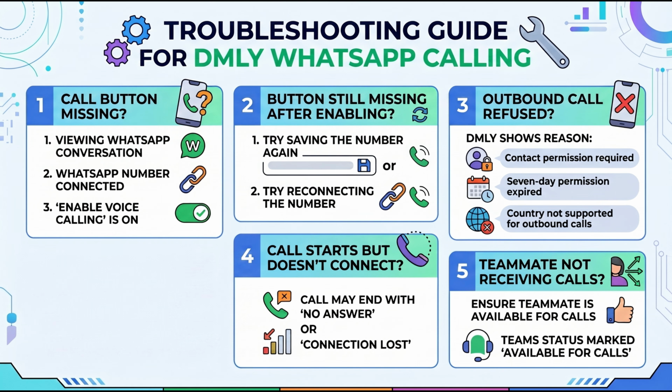It could be that the contact hasn't granted permission, the 7-day permission period has expired, or your WhatsApp number is registered in a country where outbound business calls aren't supported. If the call starts but doesn't connect, it may end with no answer or connection lost. And if a teammate isn't receiving incoming calls, make sure they've marked themselves as available for calls.